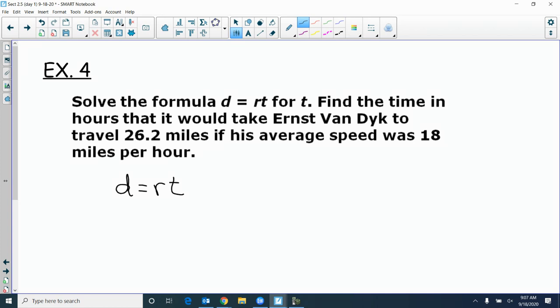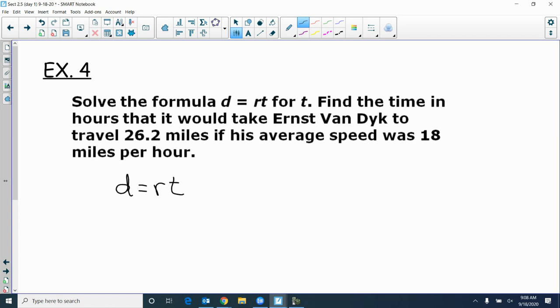All right, well, Caitlin, what do you think? So do you know how, like D equals RT, any ideas on how to solve that for T? Divided by what?